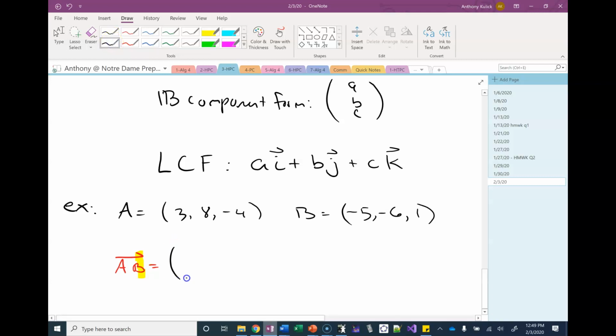So I'm going to do negative 5 minus 3, and then negative 6 minus 8, and then positive 1 minus a negative 4.